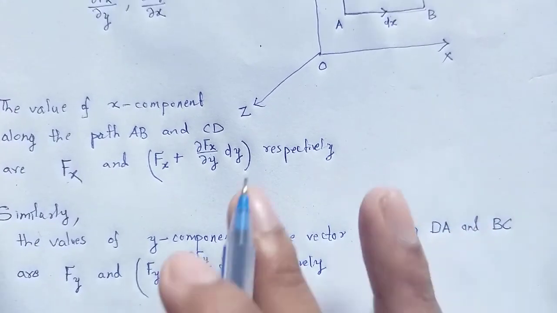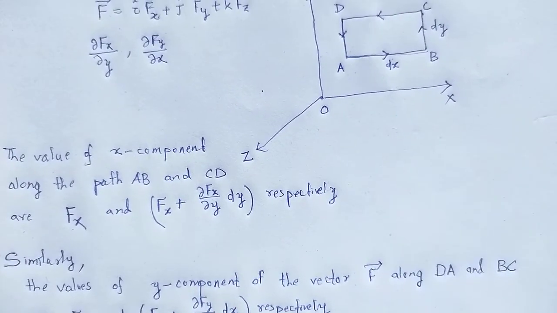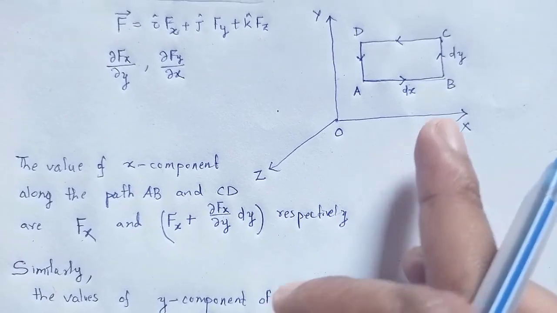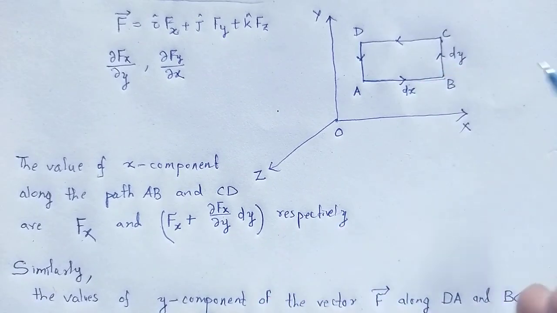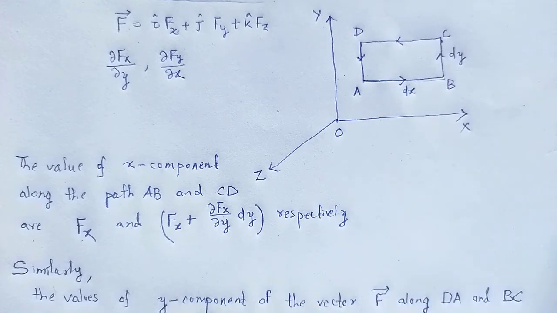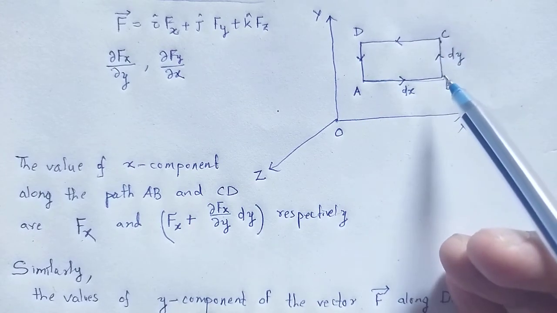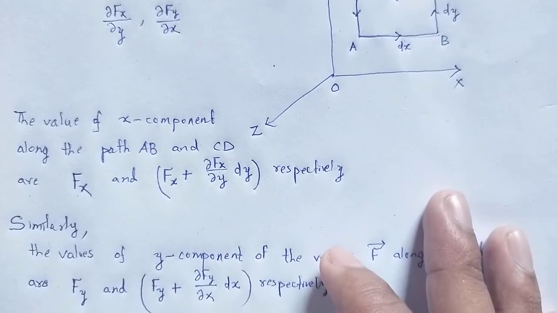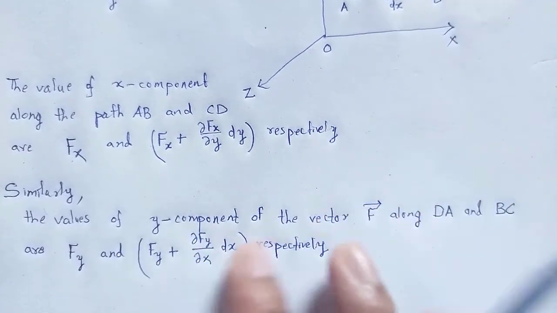As we did previously, the y component of vector f along DA is f of y, and along BC it is f of y plus del fy by del x into dx.